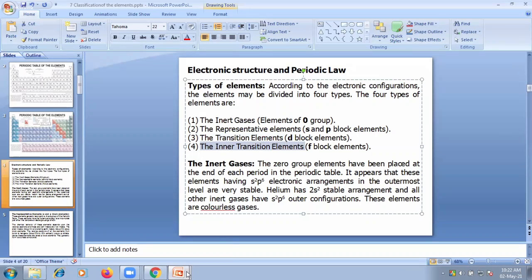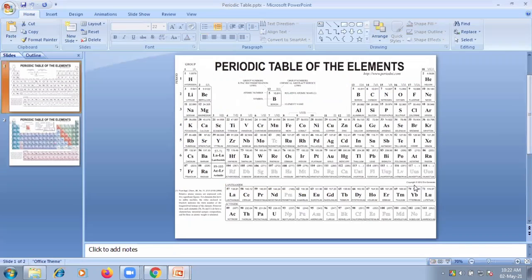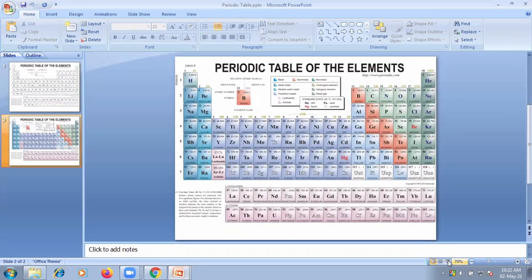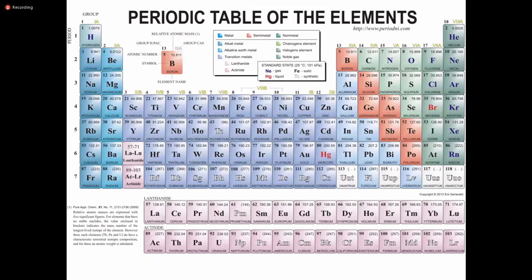Can you tell me which part of this periodic table is inert gases? Group 18, at the right side: helium, neon, argon, krypton, xenon, radon. This group is called inert gas, right?